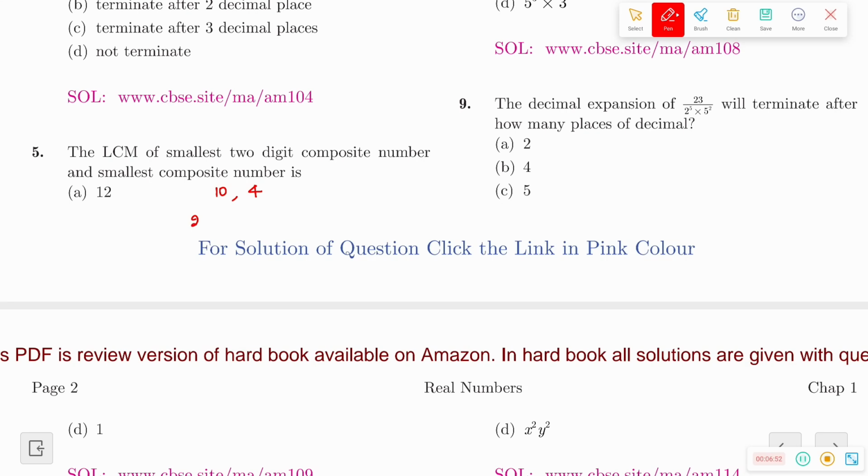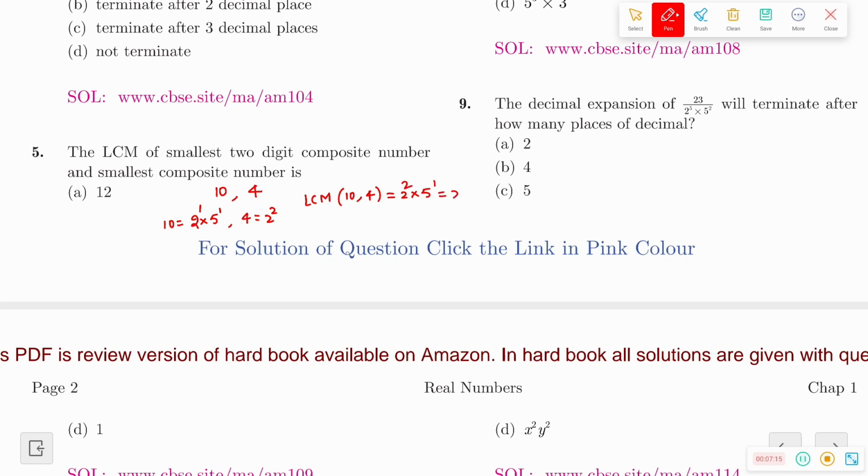10 can be written as 2 power 1 into 5 power 1, and 4 is 2 power 2. So LCM of 10, 4 is 2 into 5, and what is the highest power of 2? 2. Highest power of 5? 1.